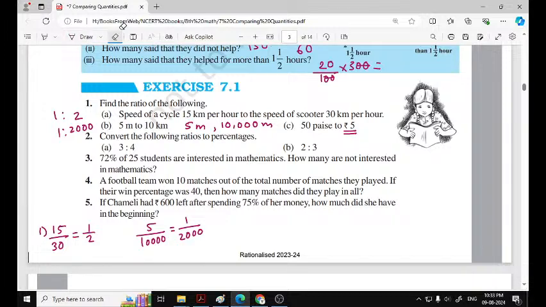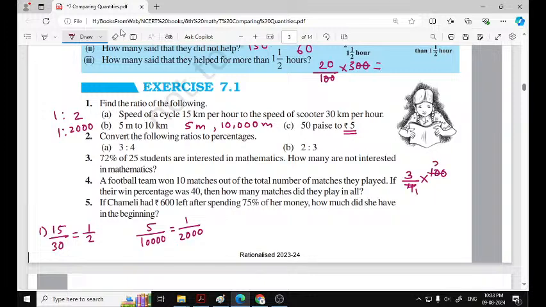Convert the following ratios to percentages. 3 upon 4. We have to convert this to percent. Out of 4, 3 are selected. Then how much out of 100?